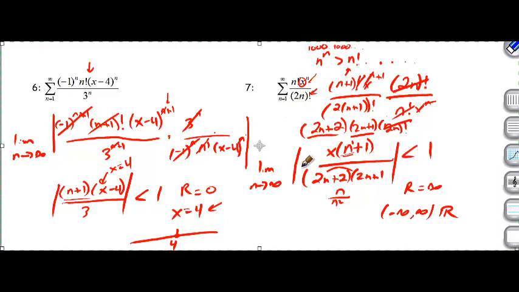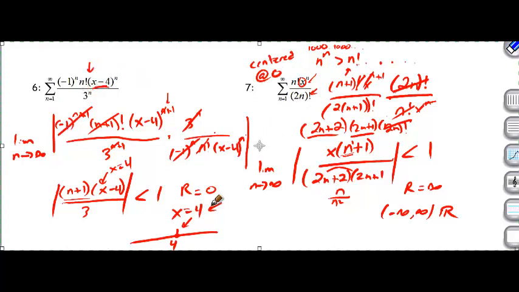All right, so in the end, a radius of convergence is whatever would make the inside of this less than 1. And we've got 3 options. It could be that there is no radius, and it's just the point, wherever x is centered. In number 7 here, x would be centered at 0. This one's centered at 4, just like in the Taylor series.